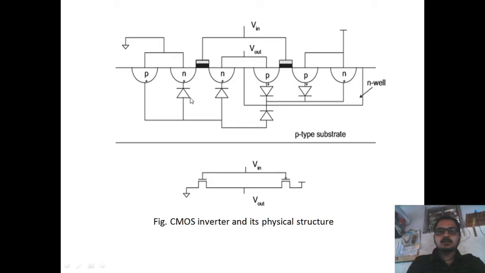These diodes are not physically present; the functionality between the diffusion and substrate acts like a diode in a reverse bias condition. The charge flows from diffusion to the substrate, hence this diode is reverse biased. This figure is for the CMOS static inverter.